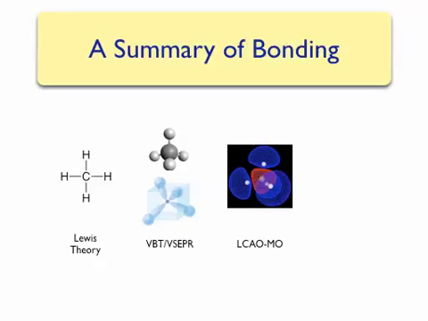This theory gives us many more pieces of information. We can tell whether or not a molecule will be magnetic or not. We can also use it to predict what happens to bond length and bond energy when electrons are removed or gained by a molecule.